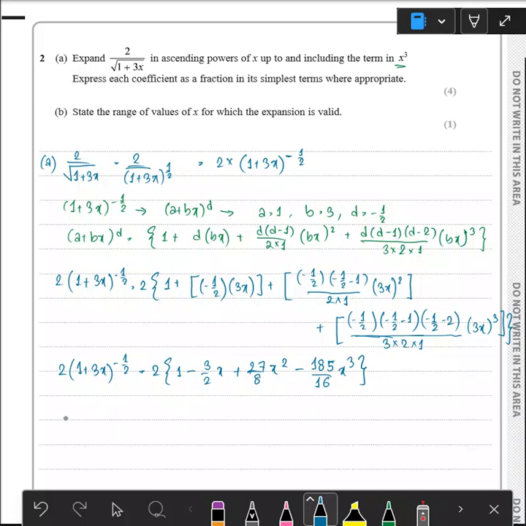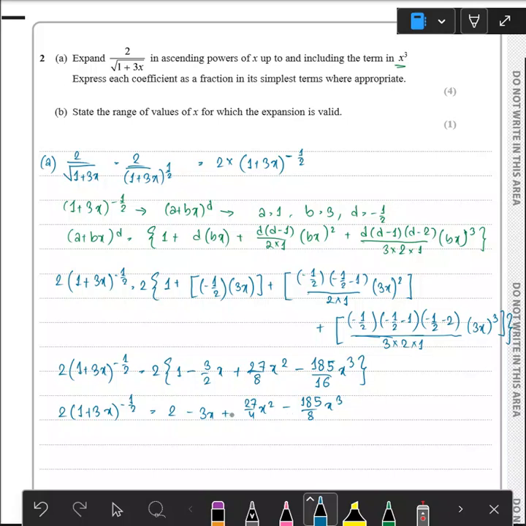So here we have 2 multiplied by this bracket, and if I multiply 2, it would be 2 minus 3x plus 27 by 4 x squared minus 185 by 8 x cubed.